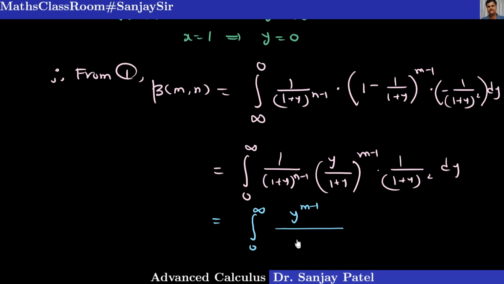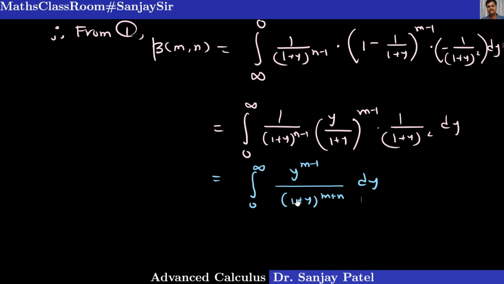Adding all, we get n minus 1 plus m minus 1 plus 2. So the 2 gets cancelled, and finally you get m plus n, into dy. It is very simple: n minus 1 and m minus 1 gives m plus n minus 2, and plus 2, so you get only m plus n.